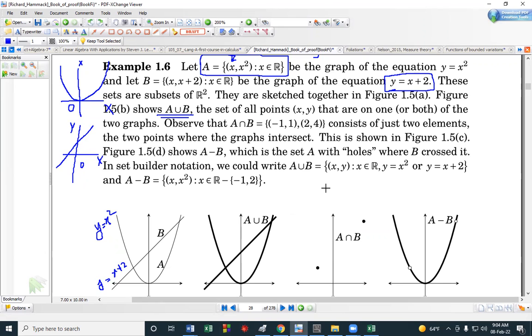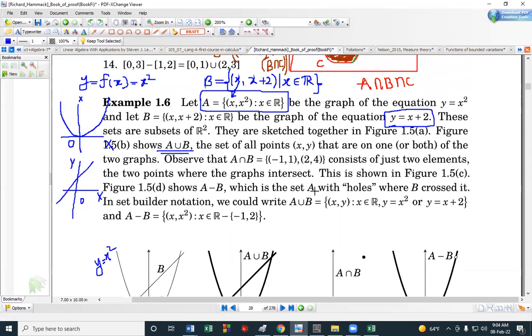Sir, will it be their intersection points, or the points that they cover together, the area under the intersection? So just simply follow the definition of union. What is our universal set in this context? What is the nature of the elements of set A and B?